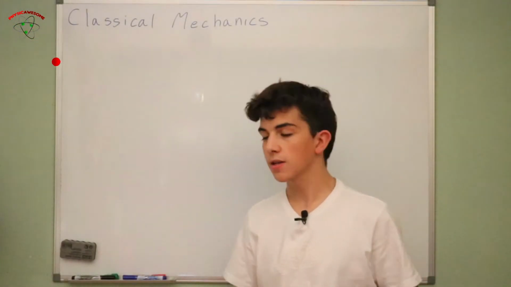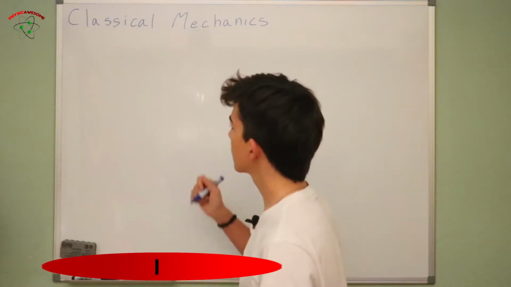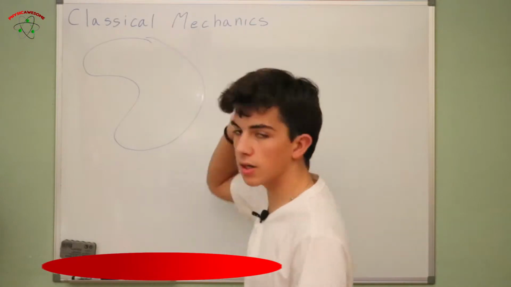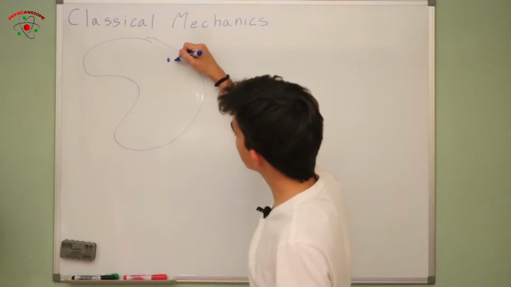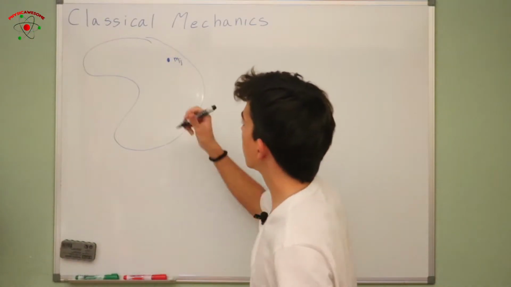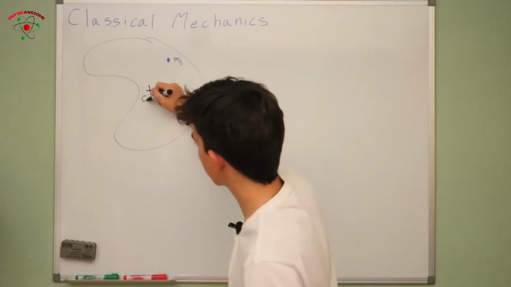Great, let's start with the velocity and acceleration on our reference frame. Recall we had this blob of particles and we had these little particles in them. And now we're going to draw our center of mass right around here, the center of mass.